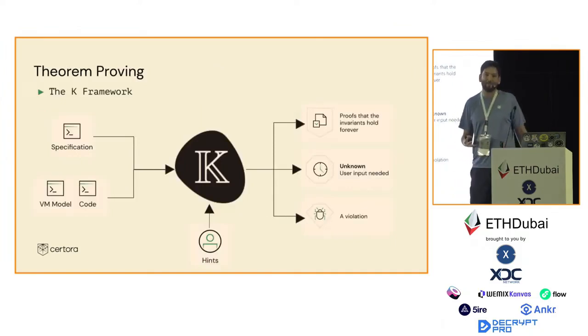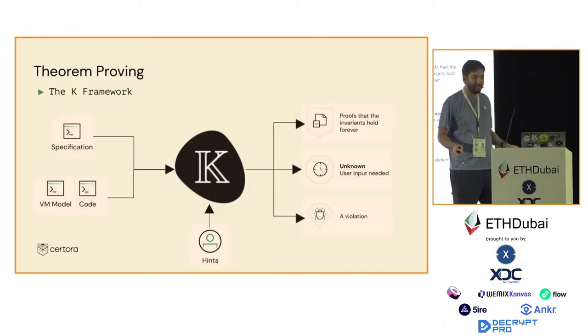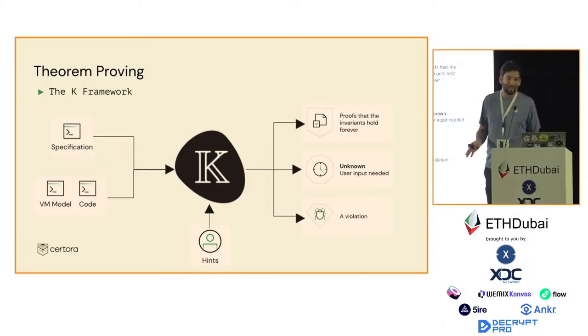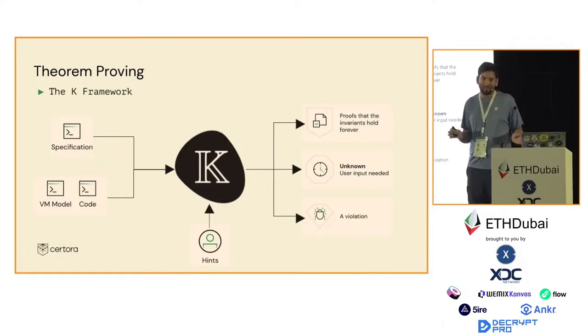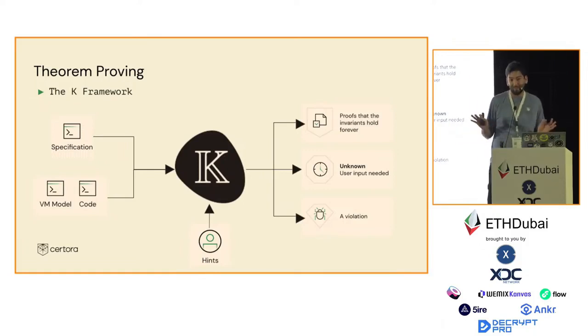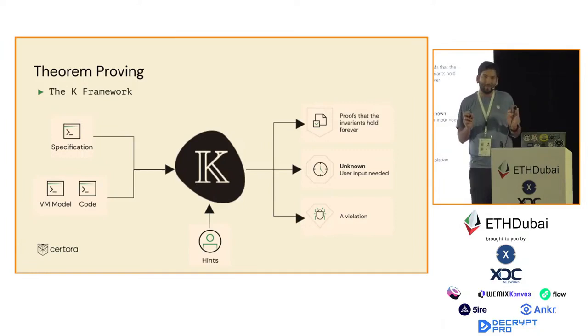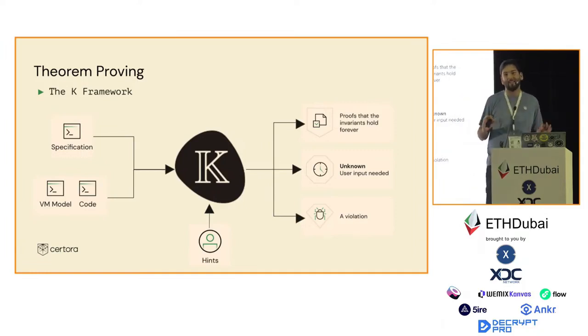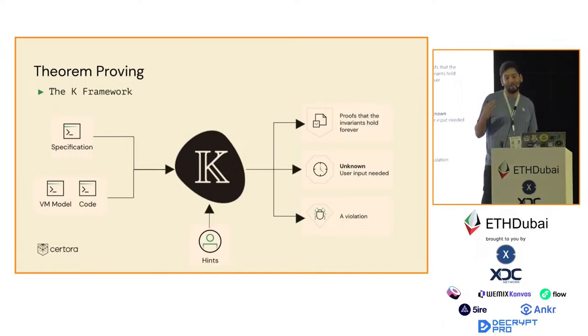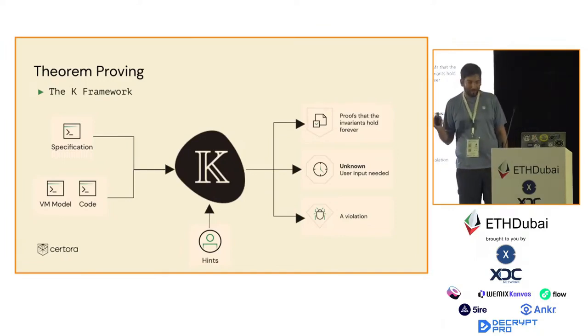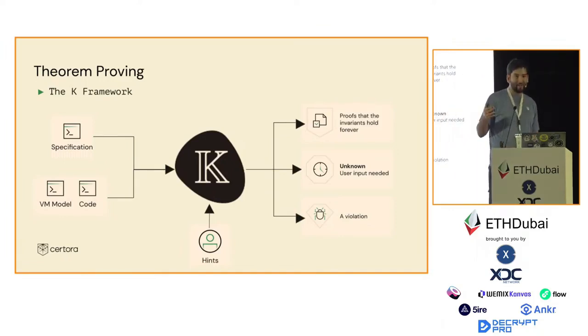There is a different technique to formal verification called theorem proving. It's mostly used by Runtime Verification with the K framework. I'm not going to delve into all the details, as this one is a bit more complicated, but the basic idea is that they use an even higher abstraction. We have a model, a mathematical model of the EVM, and it's already written.